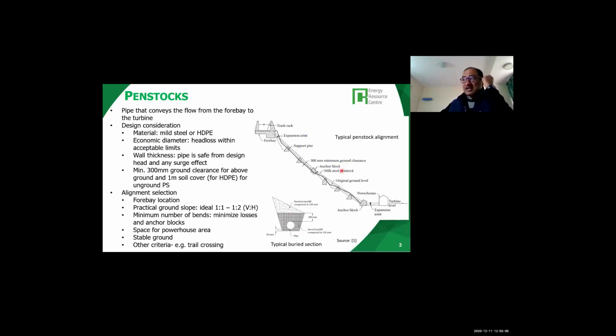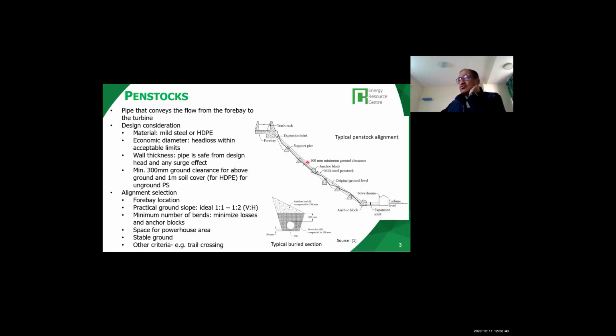So we want to make sure the pipe thickness is able to manage this surge effect, which is also known as the water hammer. As you might know, in your house water supply plumbing, when you open or close the tap, there is a surge effect. But in hydropower, when the head difference is high, this surge effect can be substantial and put pressure on the wall thickness.